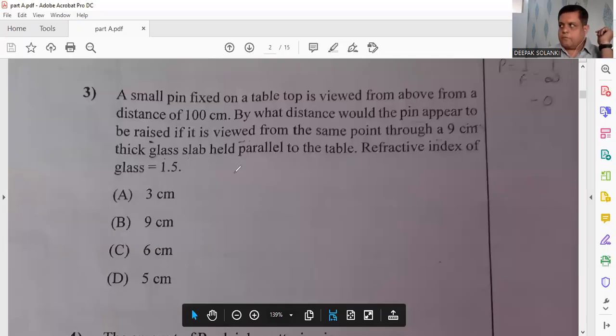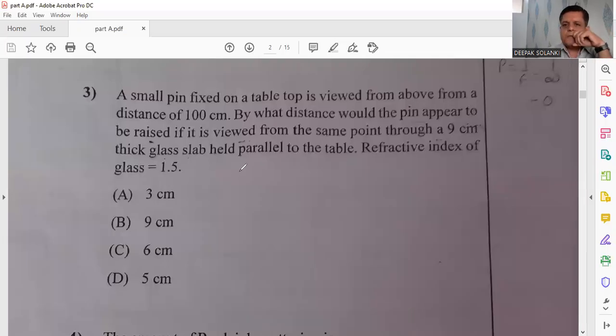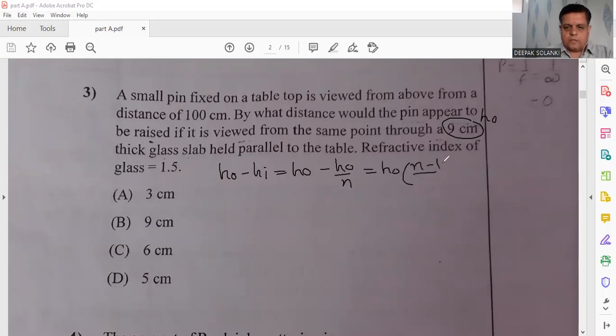A small pin fixed on a tabletop is viewed from above at a distance of 100 centimeter. By what distance would the pin appear to be raised if it is viewed from the same point through a 9 centimeter thick glass? This is your HO. You have to find the shift, so it is HO minus HI. So HO minus HO by n, so it is HO times (n minus 1) by n.